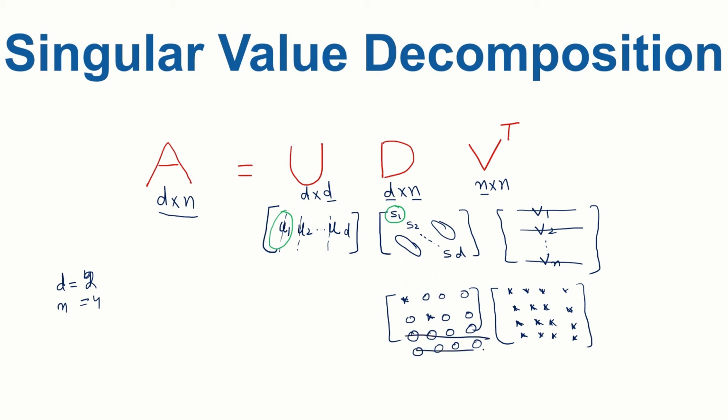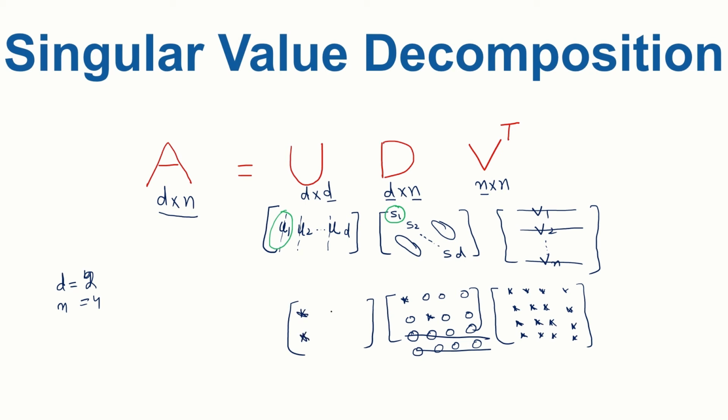Here I have shown you an example where d is 2, so we have these two values, and these 4 vectors because we have these 4. And we have this U, where U is d by d.